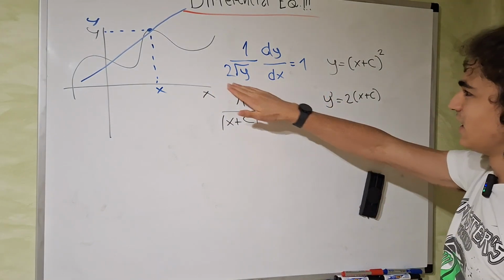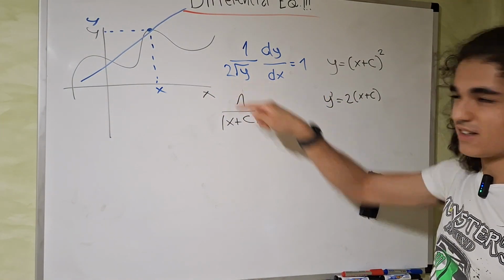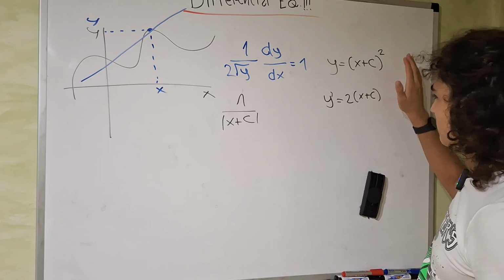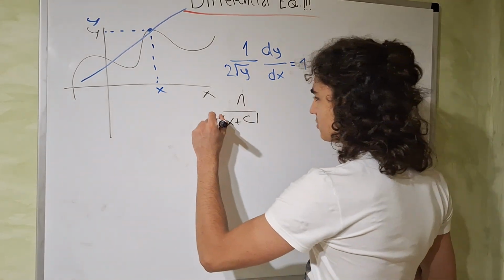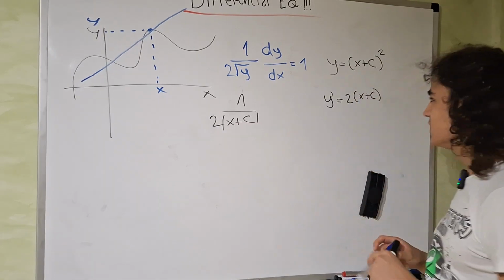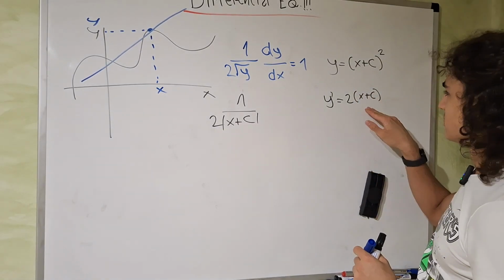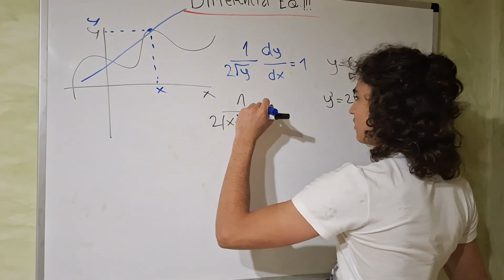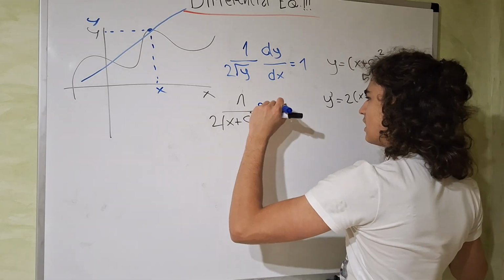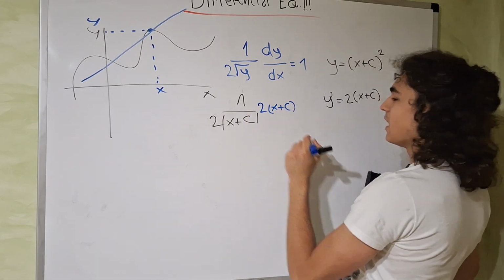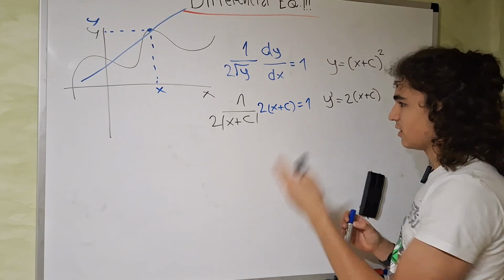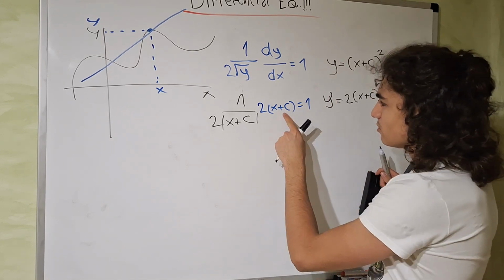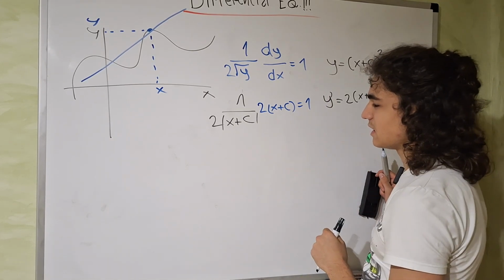There should be a 2 here in order for this to be a solution to the differential equation. So we also need to put a 2 here, and we need to multiply by the derivative. So we have 2 times x plus c, and this equals 1, or at least it should if this is a solution. Now, can we simplify x plus c and x plus c?